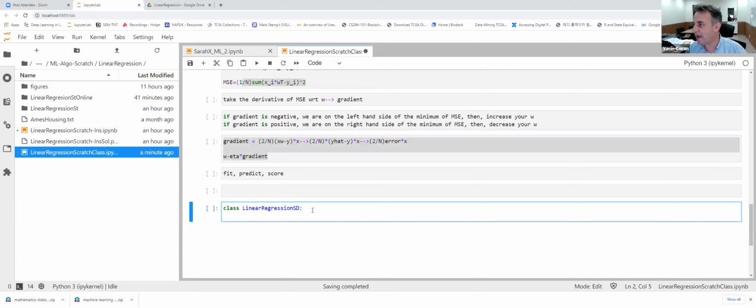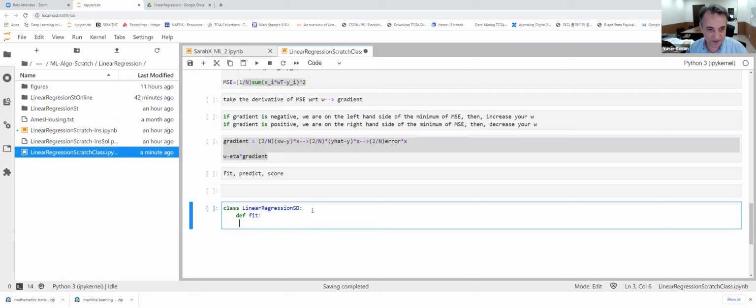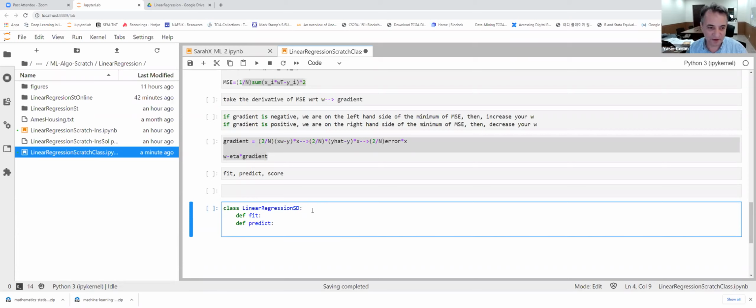Our class will have functions. Let's first write the names of the functions. I'm going to have one function, let's call it fit. Another function, let's call it predict. Another function, let's call it score.